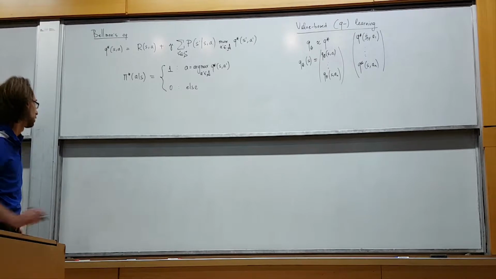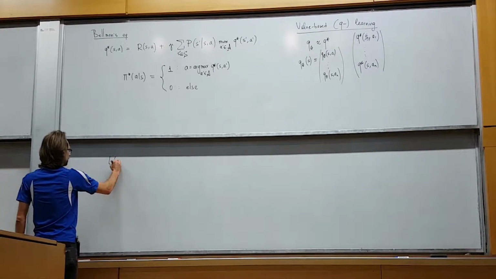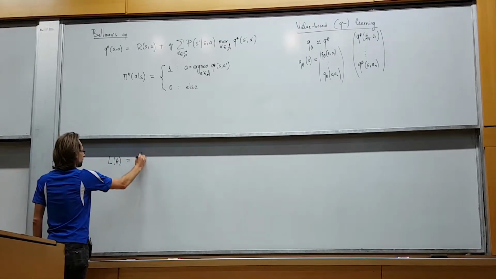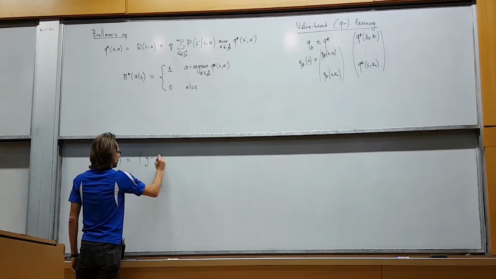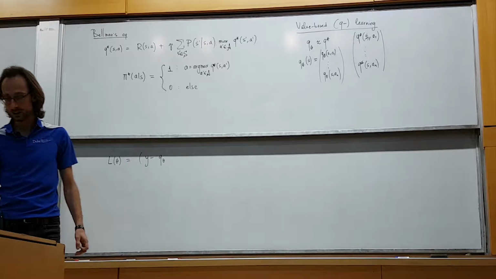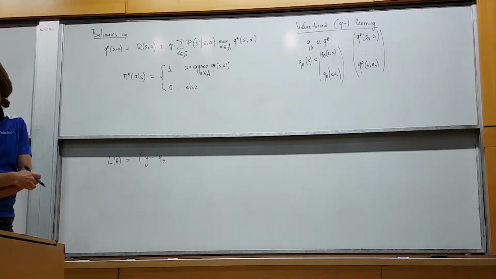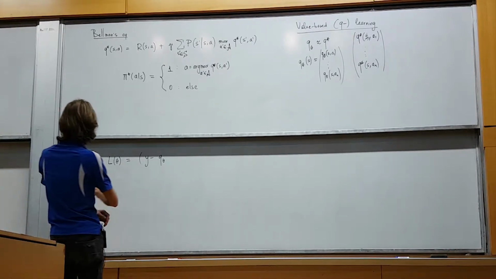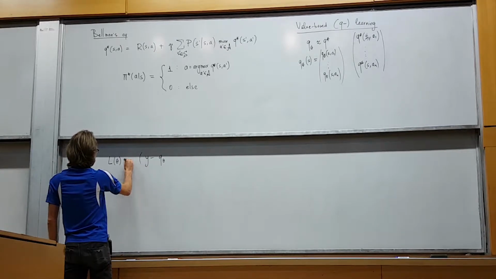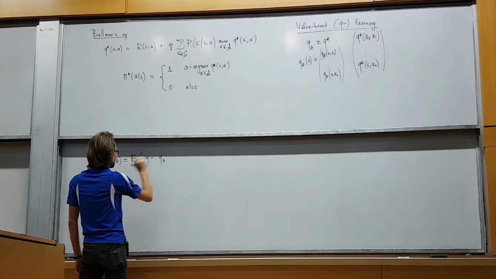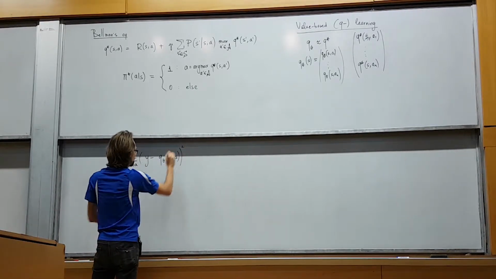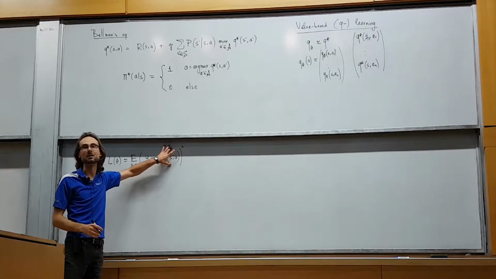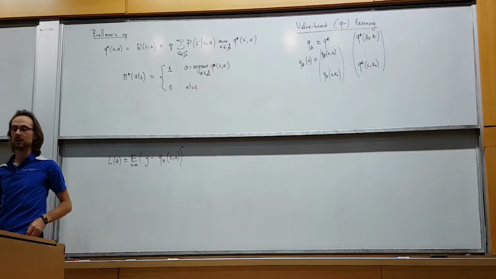Okay, so I will define a loss function L of theta, which will be y minus Q theta, squared. So of course it's an expectation, right? It's the expected loss over S and A. I will write Q theta as Q theta of S, A, but remember that we are in practice representing this as a vector valued function.